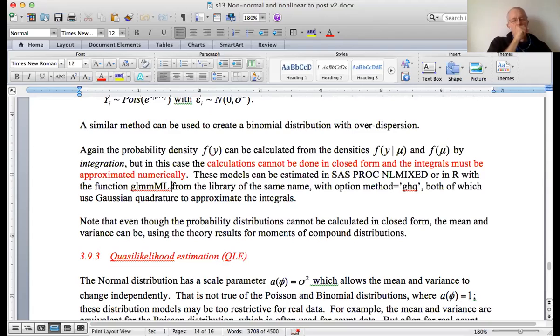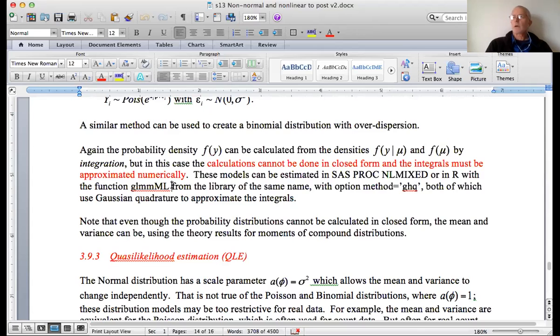So the trouble was our first model in the homework doesn't have a random effect specified in it. So it's just a generalized linear model. This one requires you to add one. And even if you add one, you get the same results as the first model. So there's no handling of over dispersion using this method of GHQ. And so to actually fit it in R, I have to write a custom link function.